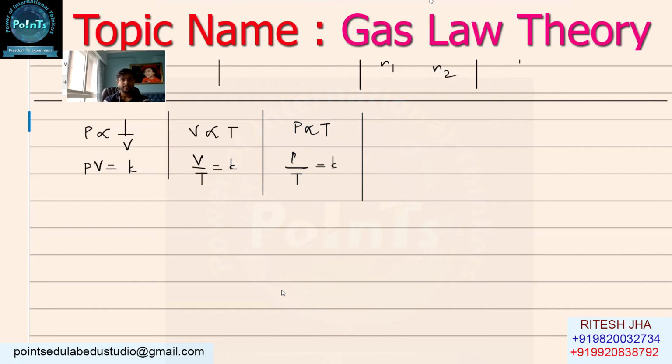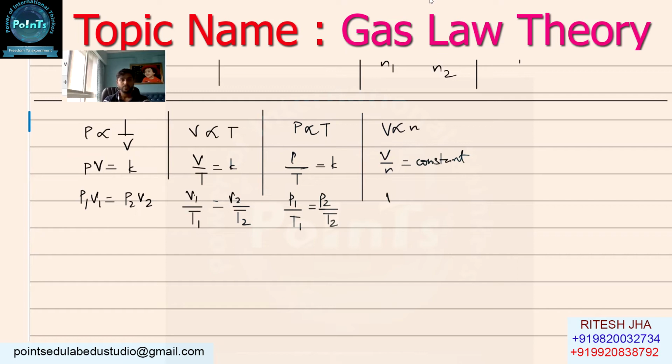V is proportional to N, and V over N is a constant. So basically, P1 V1 equals P2 V2, or V1 over T1 equals V2 over T2, or P1 over T1 equals P2 over T2, or V1 over N1 equals V2 over N2.